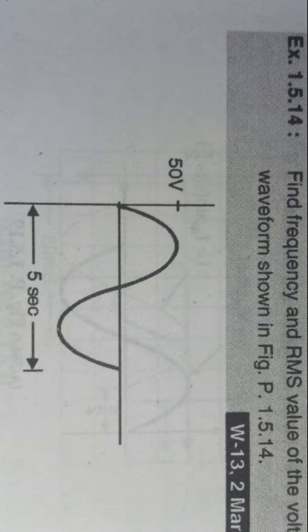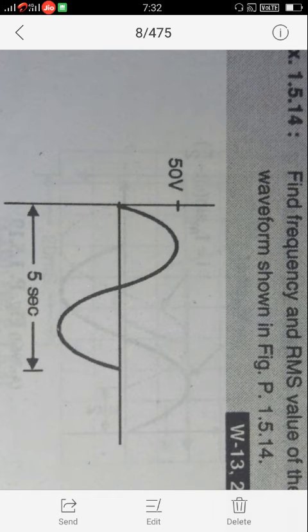The waveform on the screen shows the magnitude of voltage, that is Vm equal to 50 volt, and the time period, that is the time taken by the waveform to complete one cycle, is taken as 5 seconds, that is T is equal to 5 seconds.